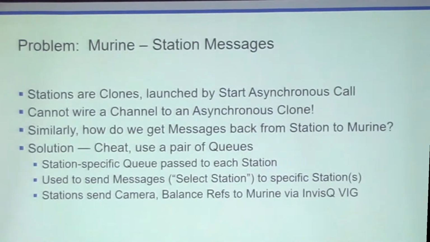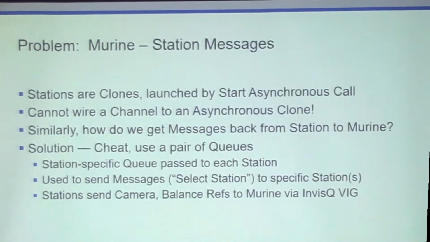Again, we cheat. We use a pair of queues. When we generate the station, we generate a station-specific queue that's passed as an input to the start asynchronous call. So now, if Murine knows what that queue is, it can pass it into a queue that the station sees.